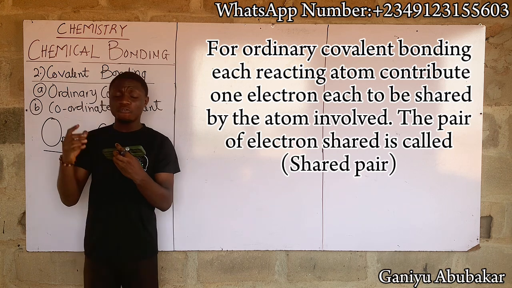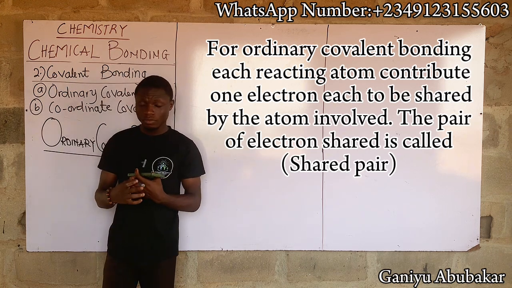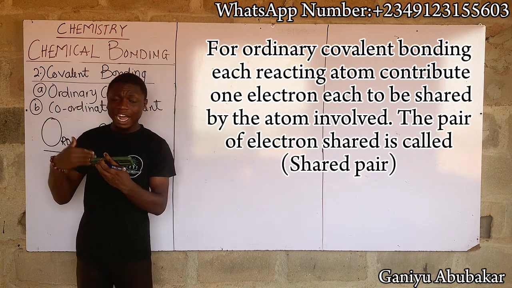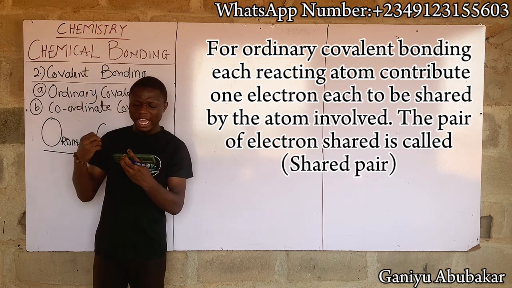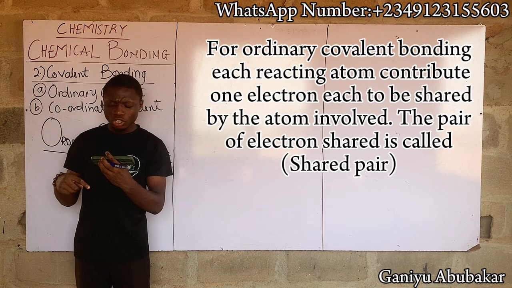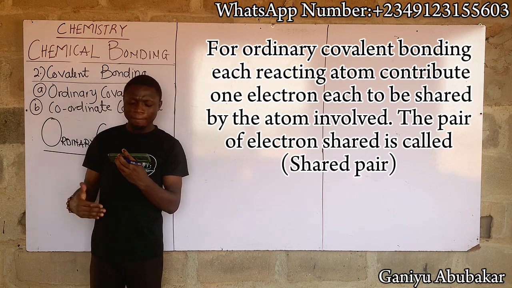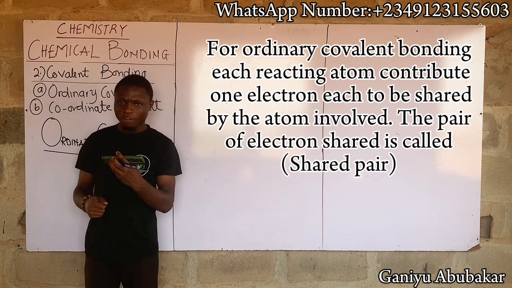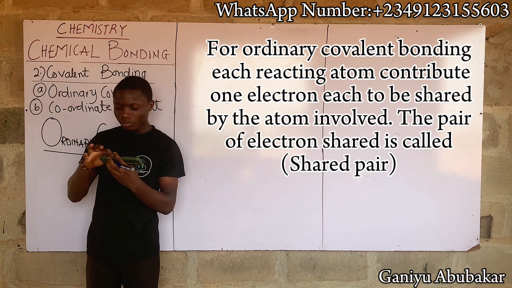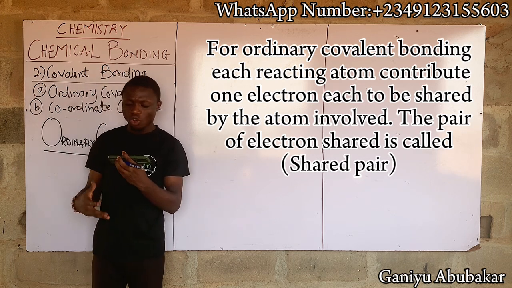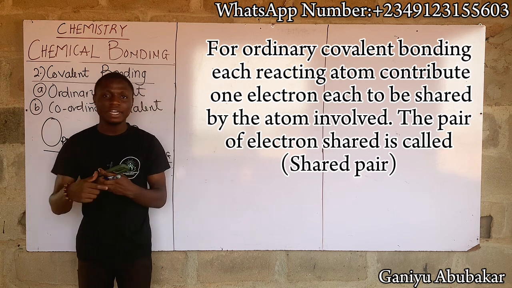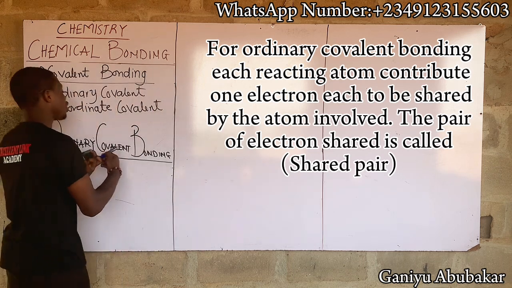For ordinary covalent bonding, each reacting atom contributes one electron each to become shared by the atoms involved. The pair of electrons shared is called a shared pair.